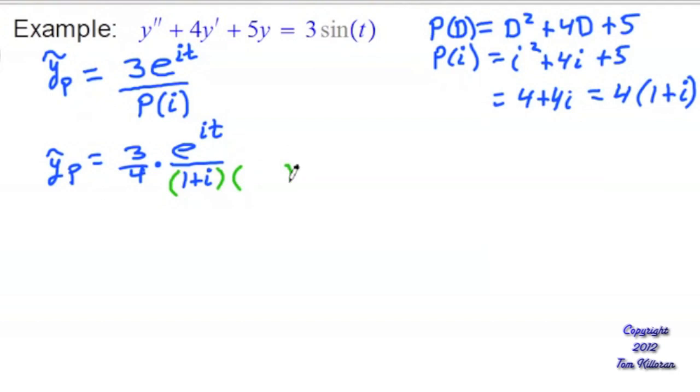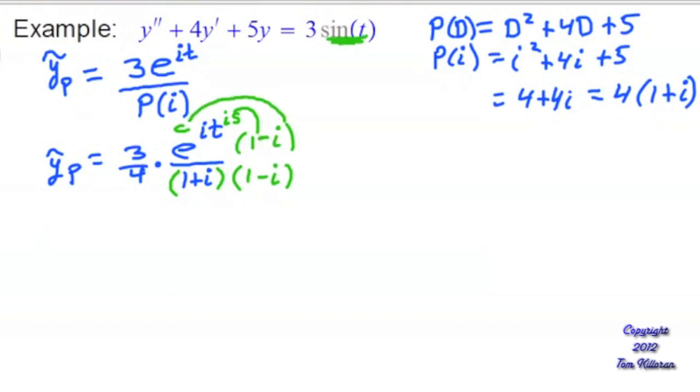So we're going to multiply by the conjugate, 1 - i, top and bottom. And when you think about this, what we're looking for is the imaginary part of the answer, because we're dealing with sine of t, which turns into that i sine of t portion. So the only part of this I'm really interested in is the imaginary part. So if you imagine this as being your cosine and i sine, then the imaginary part is going to come from the inner and the outer of the answers.